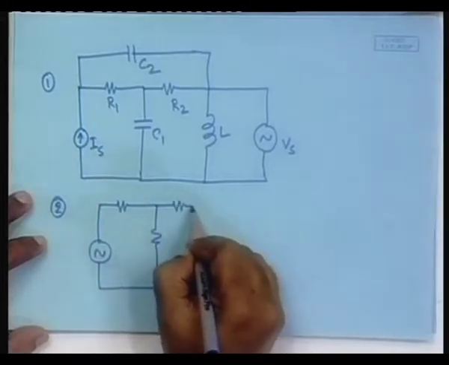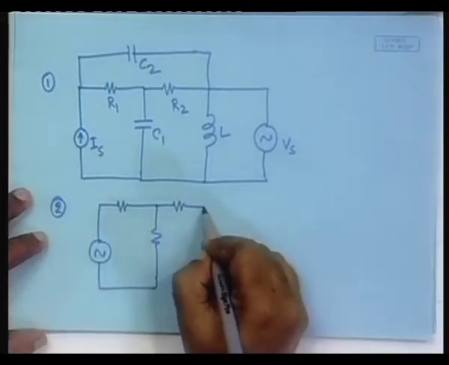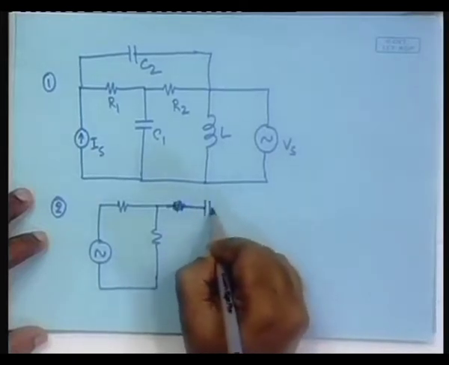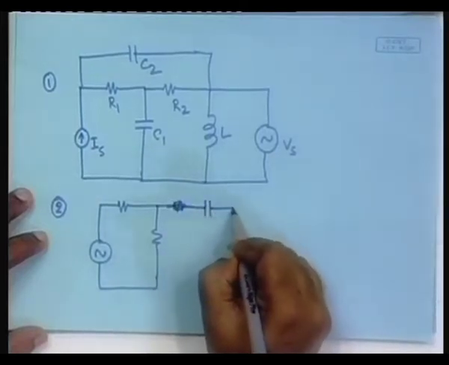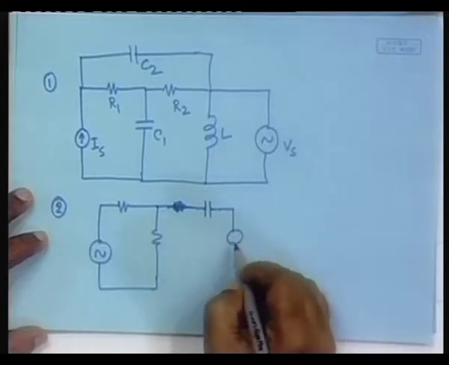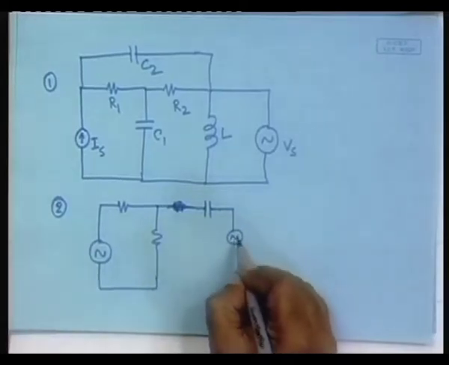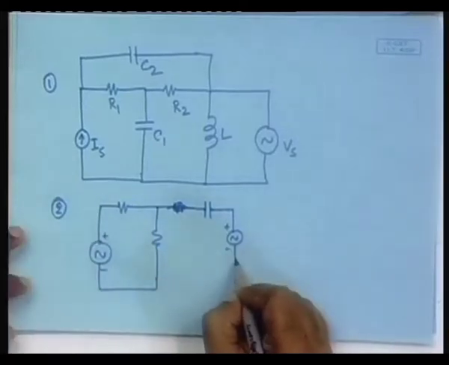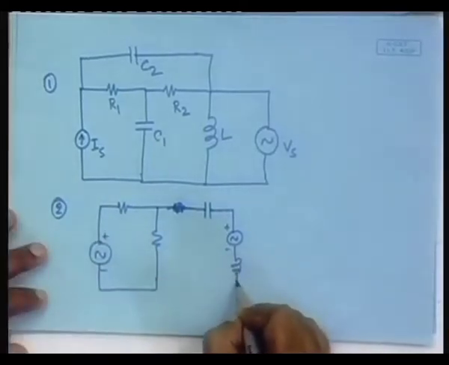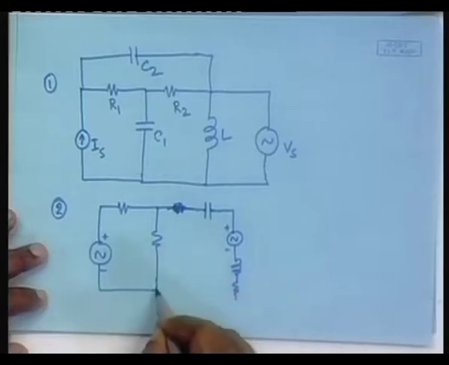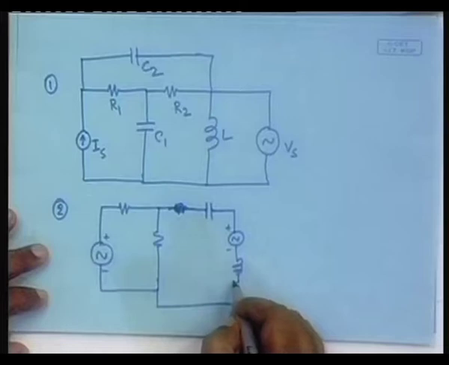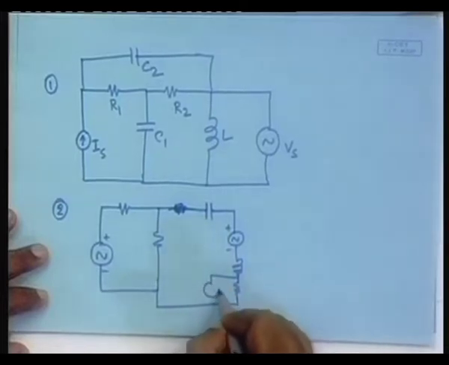Here you have a resistance, and then, okay, let us replace it by a capacitance. Then you have another voltage source, an inductor, a resistor, and maybe let us connect a current source here.